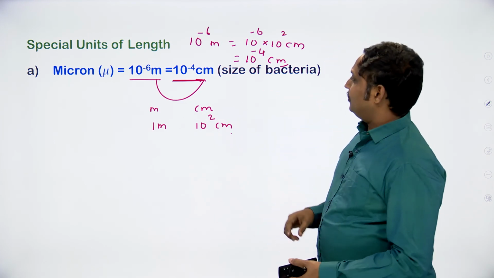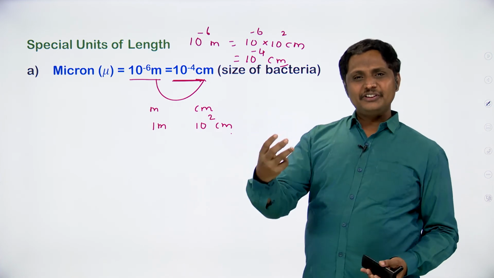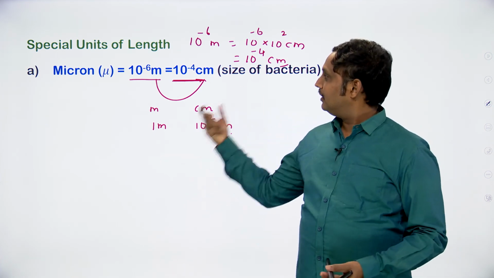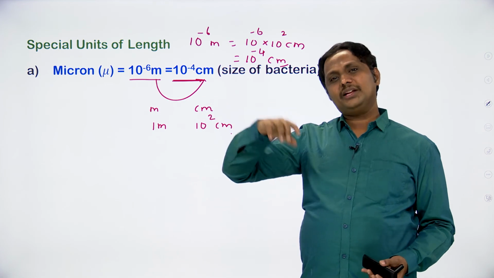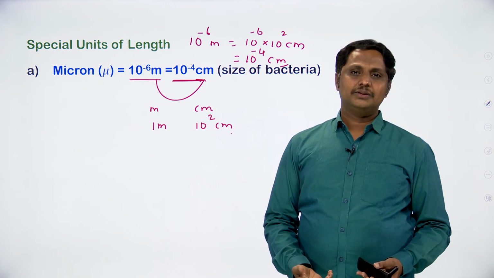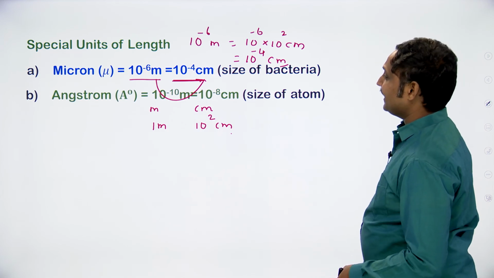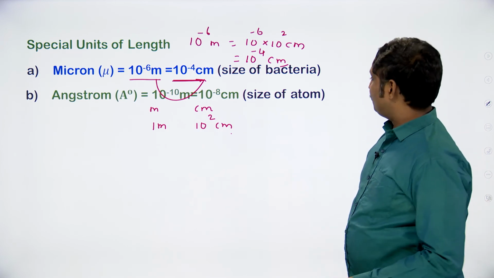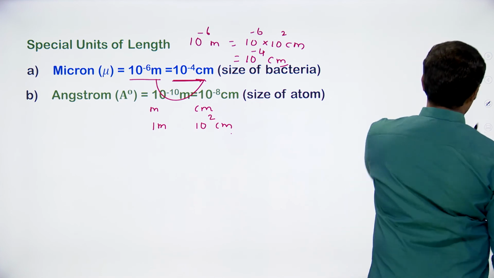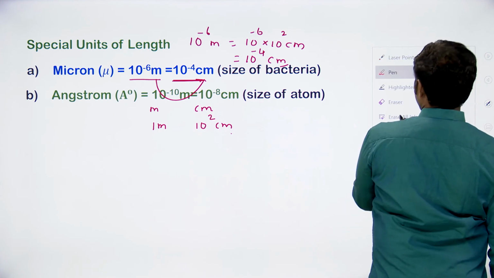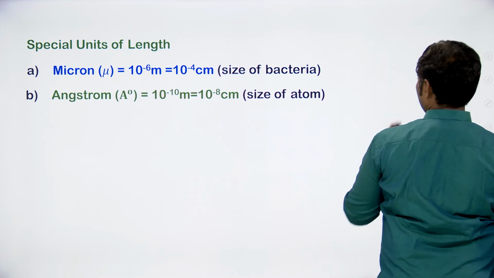Okay, yeah. You are going to represent the very small value of length, and you have to take the large value also. Yeah, it is very clear. Next, we would like to go for the Angstrom unit, which is very useful to get the size of an atom. All right, you will go for this one.